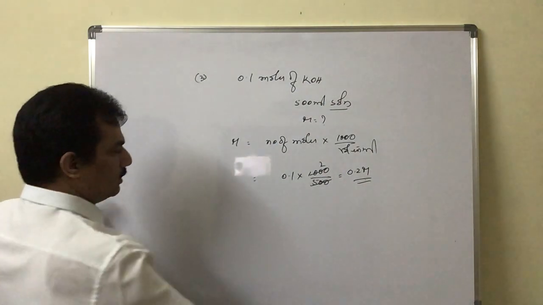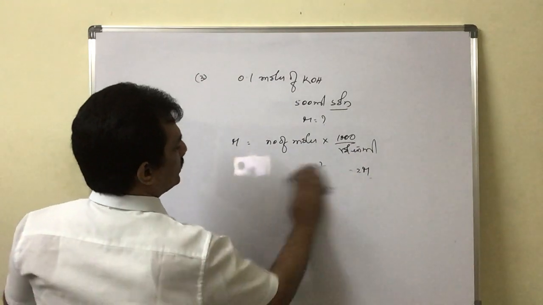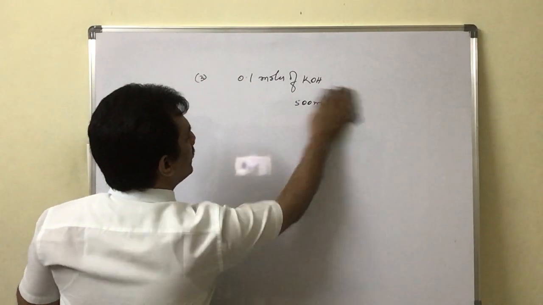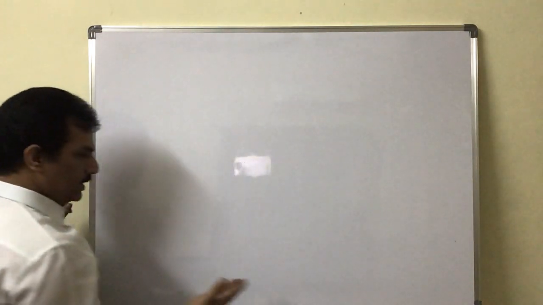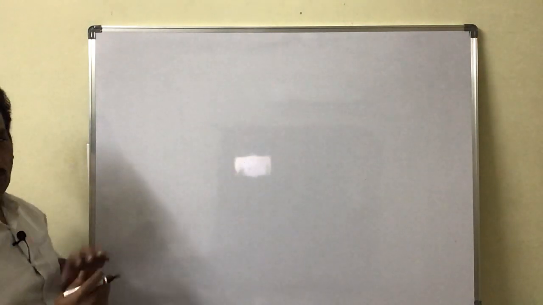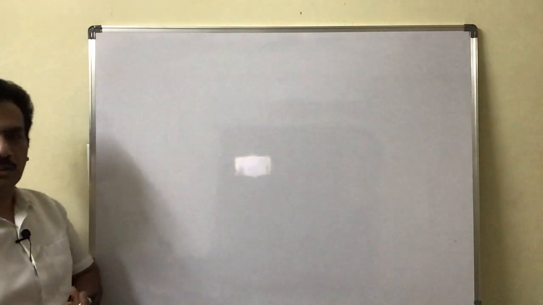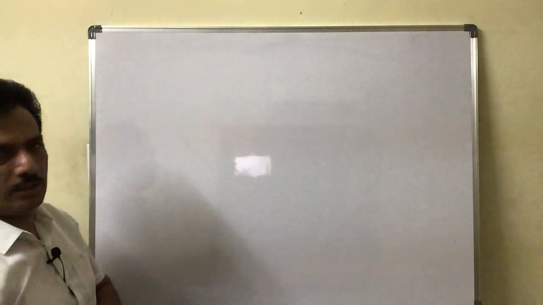And now let me introduce one more concept, that is the laws related to molarity. Here I will provide those laws, and in the next session we will discuss those laws in detail after completion of the other term, that is normality.